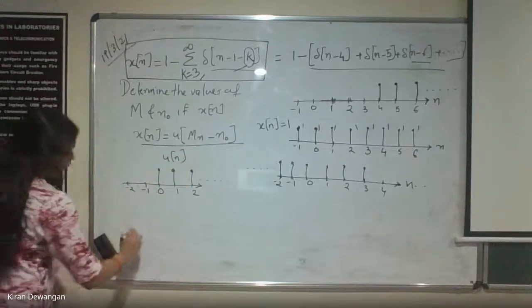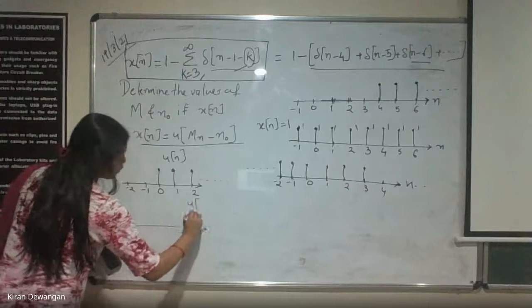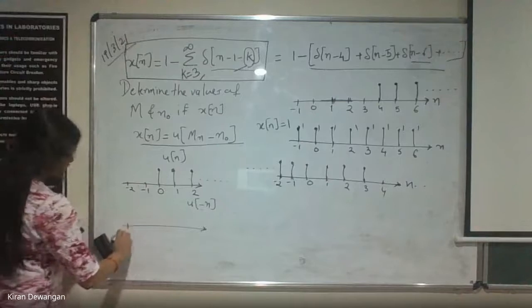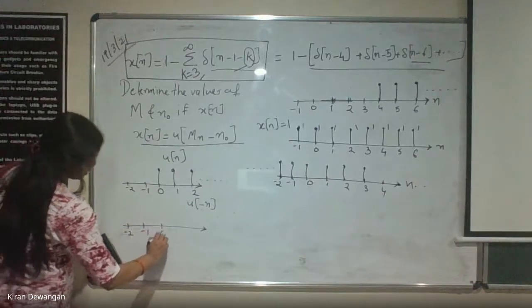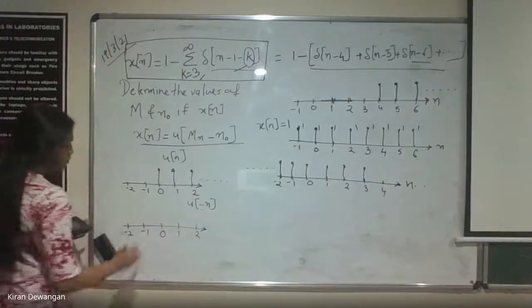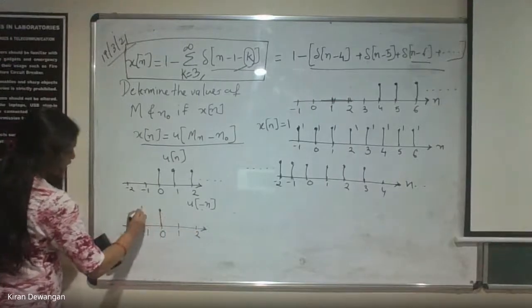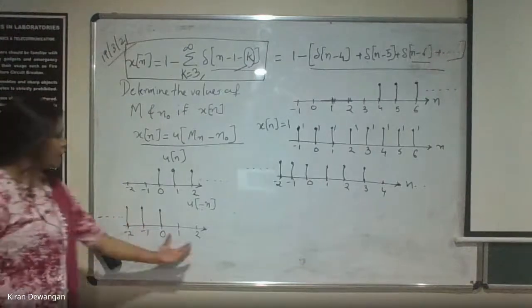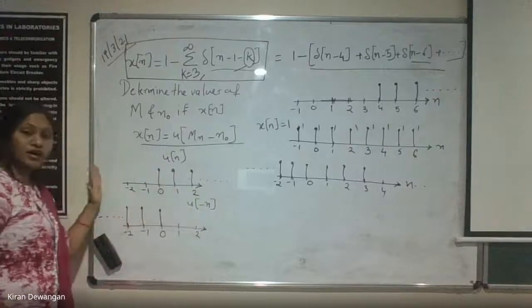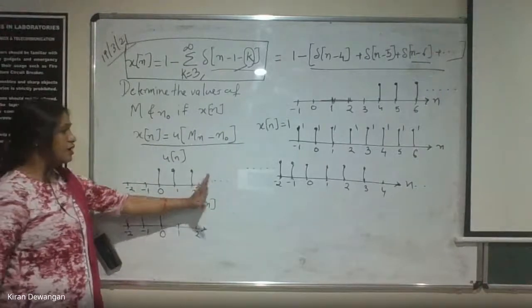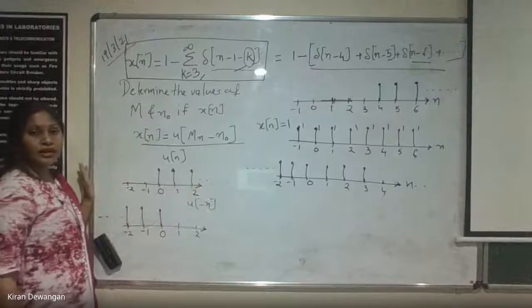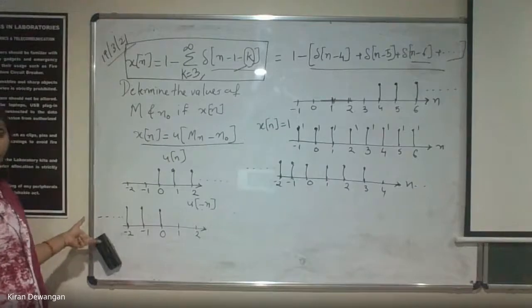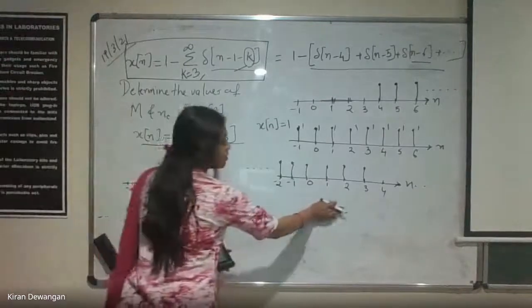Now if I have to plot u of minus n, meaning time reversal, this is minus 2, minus 1, 0, 1, 2, and u of minus n will be these values, and it will end up in this direction. Here we won't be having any value. The entire u of n will shift to the left side. Is this clear? This is going to be your u of minus n. This will be similar to this.